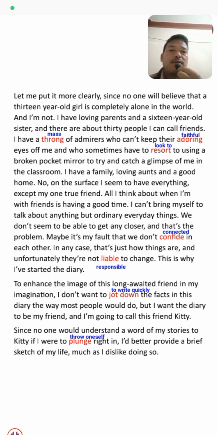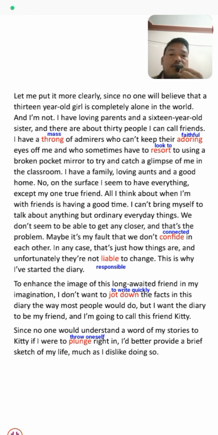That's what she's looking for, a good friend. And finally she chose the diary as her friend, and she started writing. This is what she's expressing in this whole paragraph.